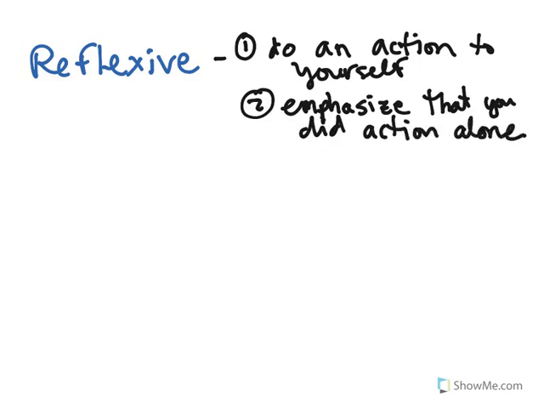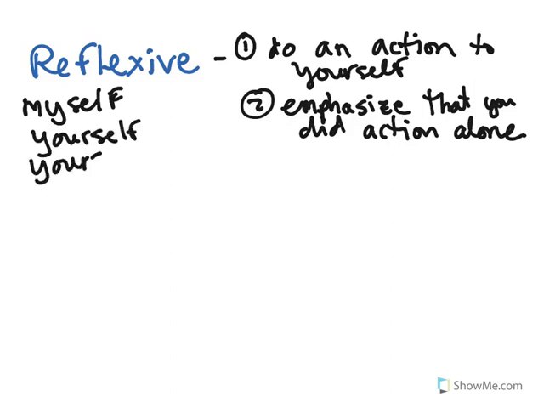Okay. The reflexive pronouns in English are myself, yourself, or yourselves, because you can be singular or it can be plural. It can refer to just one person or more than one person.